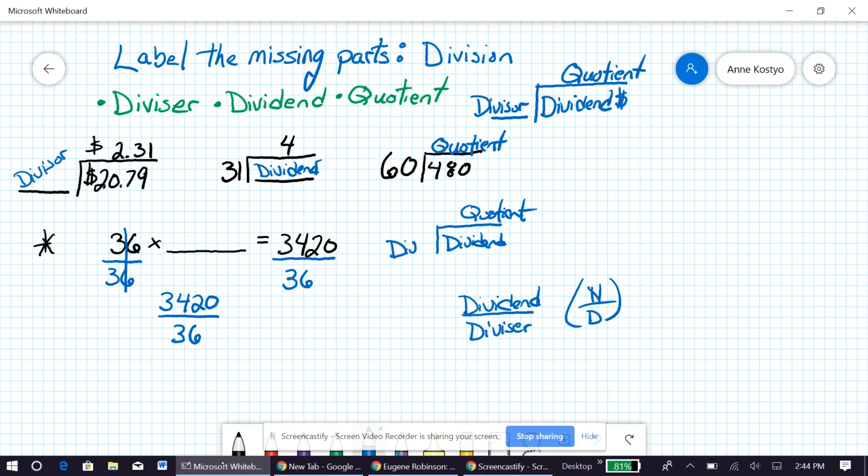So if we look at this, we can now say, okay, so now I have my dividend over my divisor. But when I do the multiplication, or I simplify or reduce this fraction, I will get the quotient.